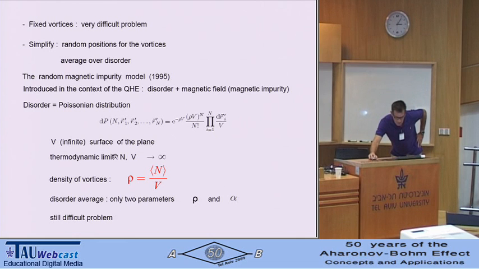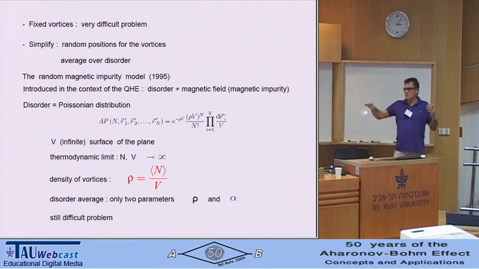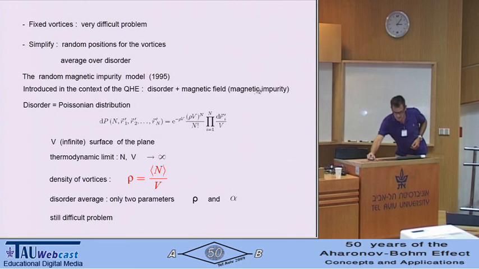So we consider the thermodynamic limit where V and N go to infinity, in such a way that the impurity density is fixed. It's called Rho. Here it's typically a Poisson distribution. And what we say is that the vortices are uniformly distributed on the plane. So the probability density is totally uniform on the plane for each Aharonov-Bohm vortex.